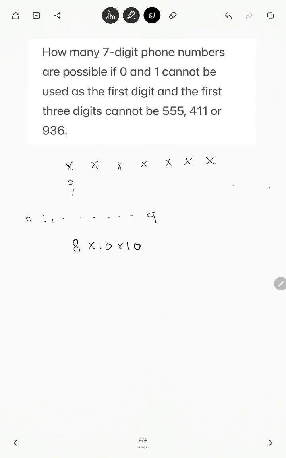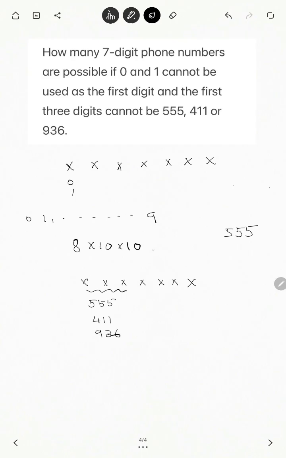But 555 we cannot take in sequence. So again I am repeating, in these three places we cannot write down 555, 411 and 936.